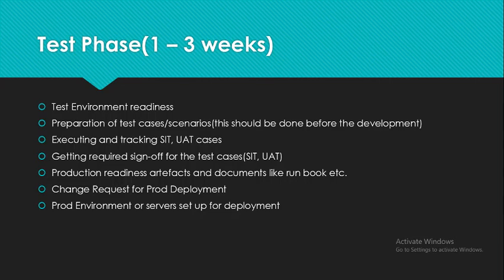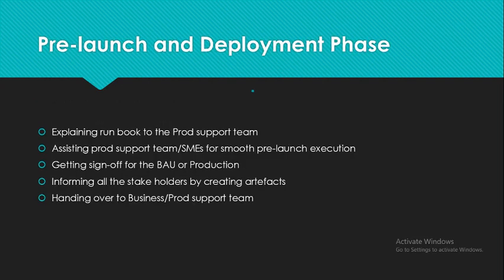And once you have all the required information in these bullet points, then it's okay to go to the next phase, which is called the pre-launch phase, or some people say the hypercare phase.